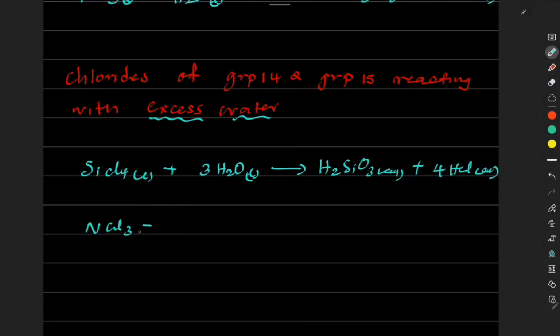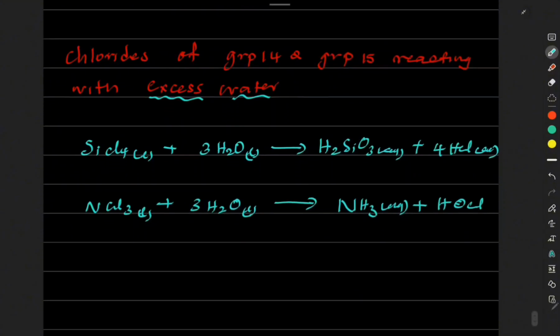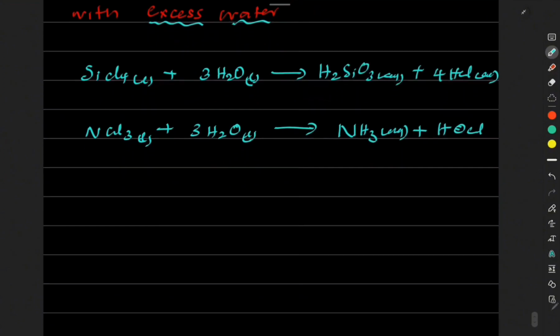Next one is NCl3, which is a liquid, and it reacts with H2O. They form NH3 plus HOCl. Okay, let's look at the next reaction.